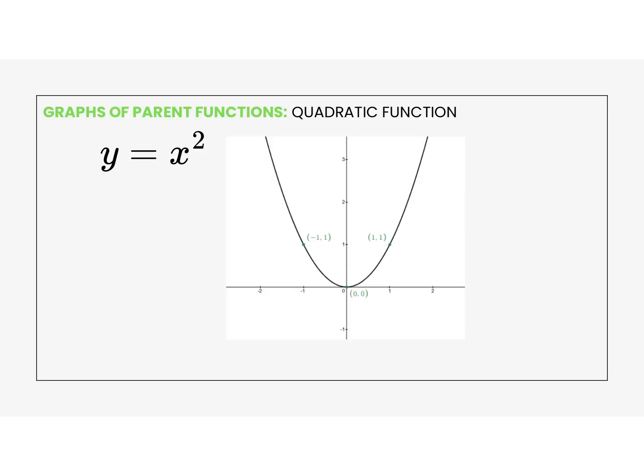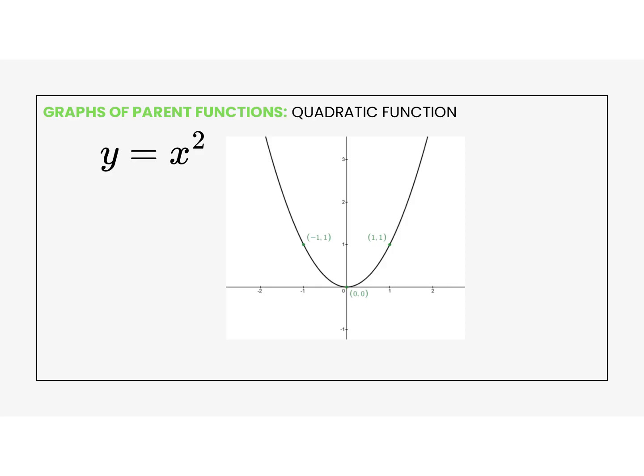Okay, so the first of our 4 parent functions is a quadratic function. This is y equals x squared, or f of x equals x squared. And when we graph these parent functions, we are going to look at 3 points.